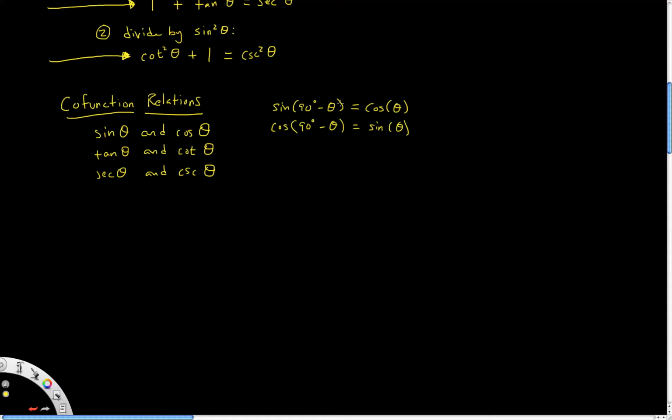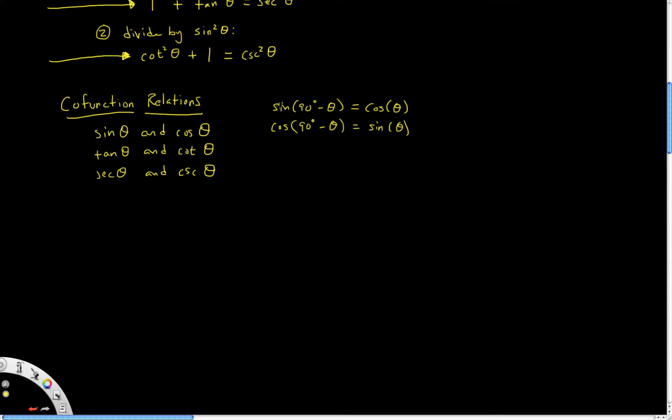Now, there's a proof in your book about why this is true, but if you have any doubts, and I encourage you to do this, set up a graph on your graphing calculator where y1 is cosine of theta and y2 is sine of 90 minus theta. And if you make those graphs, you'll see that they overlap perfectly, so that equality is true for any value of theta. Same thing for cosine of 90 minus theta and sine theta.